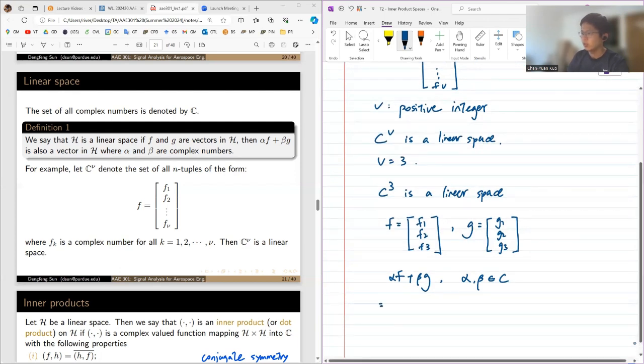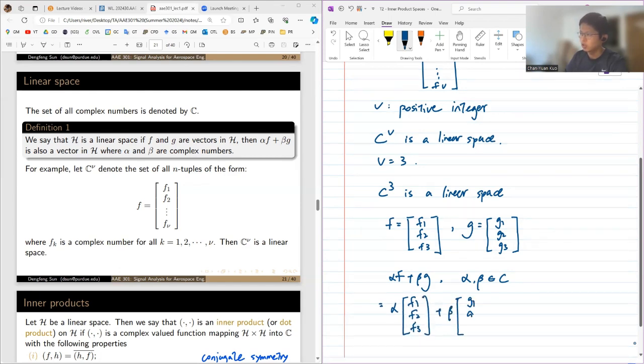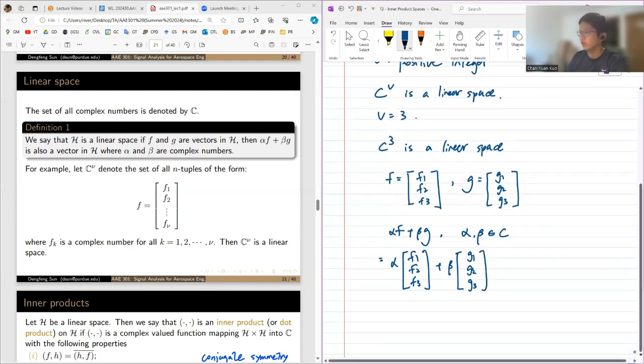Because F is equal to F1, F2, F3, and G is equal to G1, G2, G3, alpha F plus beta G will equal alpha times F1, F2, F3 plus beta times G1, G2, G3. And this will give us alpha F1 plus beta G1, alpha F2 plus beta G2, and alpha F3 plus beta G3.